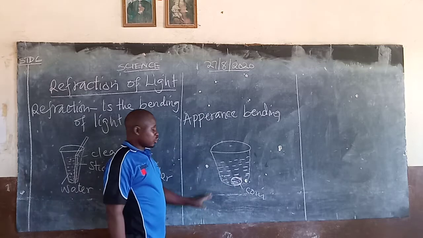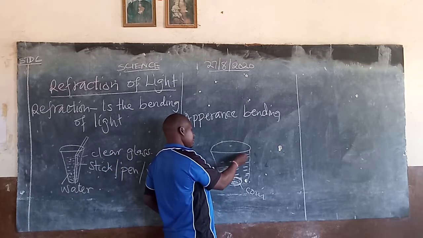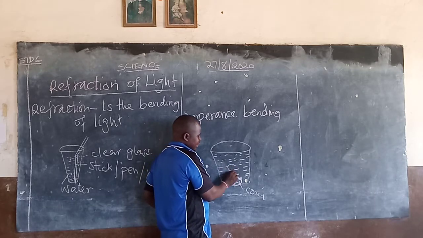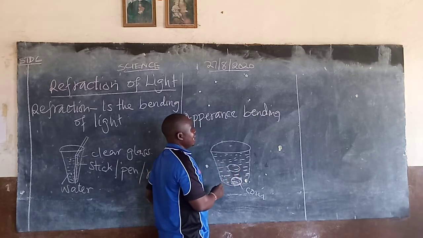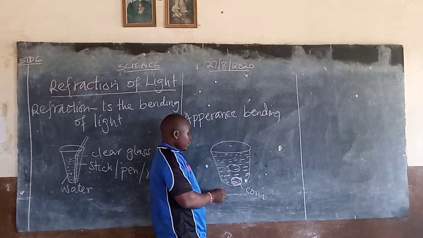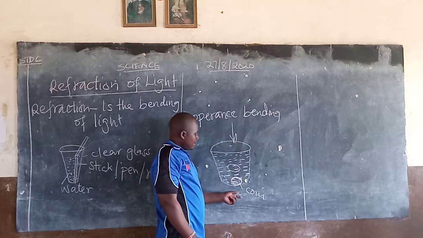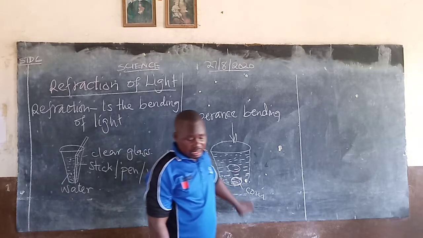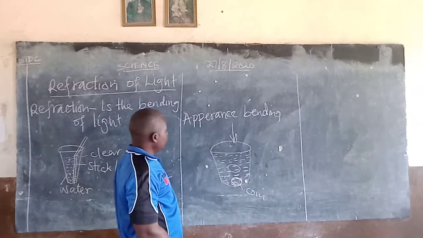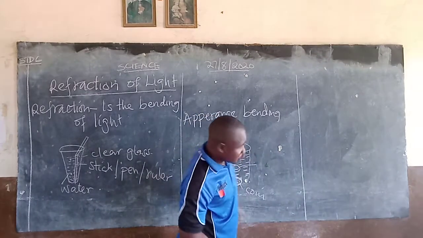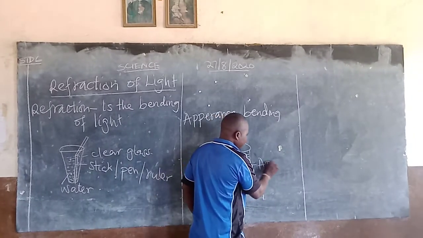Now, when you look at this coin, let us have water here. The coin appears as if it is here. That is the way it appears. When you look at it from here, it appears that it is there. But literally, the coin is not there. That is the appearance bending. We have the appearance coin, it appears to be here.